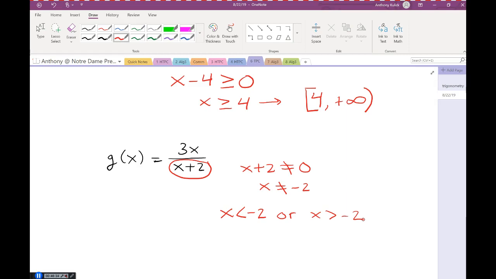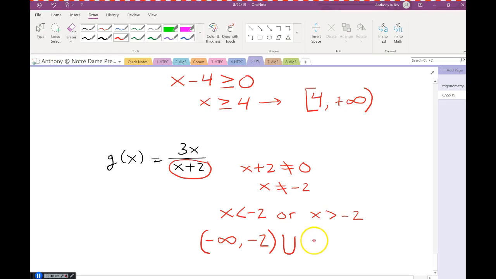Now that I have it written as an inequality, I can write this using interval notation. So the first part, the lower bound is negative infinity, and the upper bound is negative 2. Infinities always get a parenthesis. And the negative 2 is going to get a parenthesis because it was a less than symbol. Where the or is, I'm going to write my union.